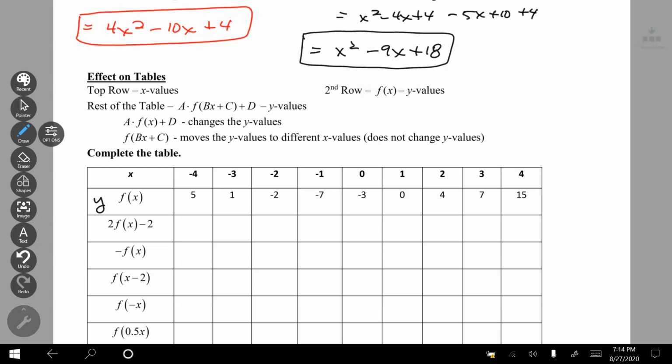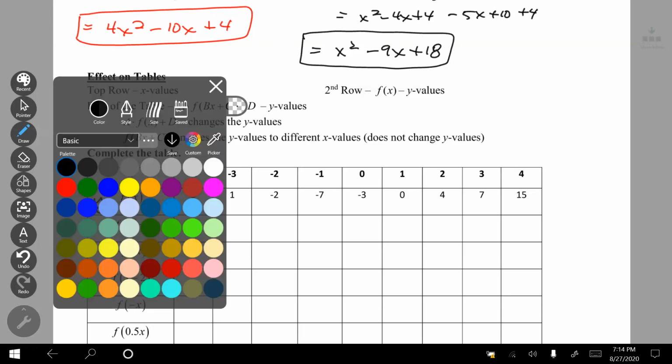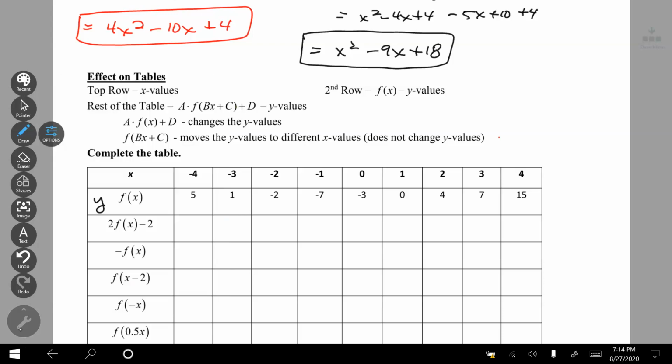But you have to decide, am I changing x values? Am I changing y values? Or am I going to have to recalculate x values and see where the y values belong? So this very first one, 2f of x minus 2, is really just 2 times y minus 2.